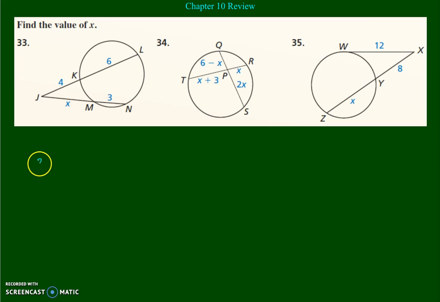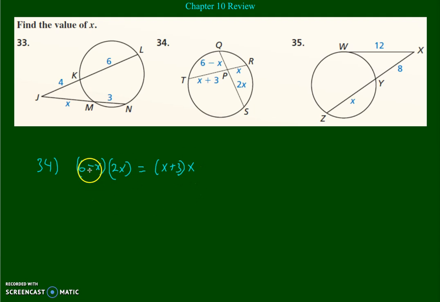So we know that for 34, QP, which is 6 minus x, times QS, 2x, equals TP, which is x plus 3, times PR, which is x.